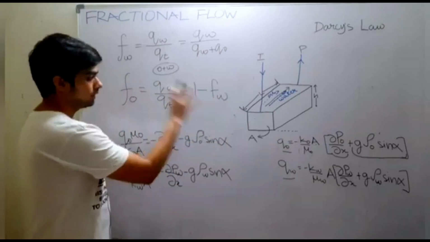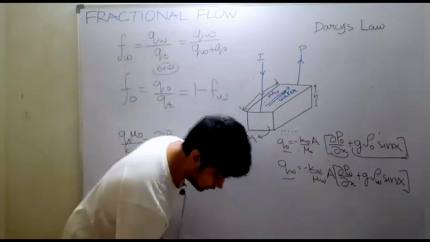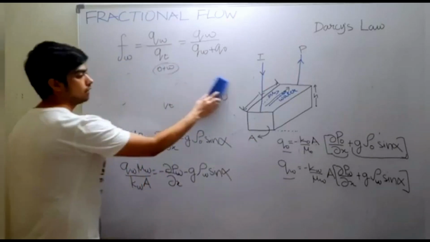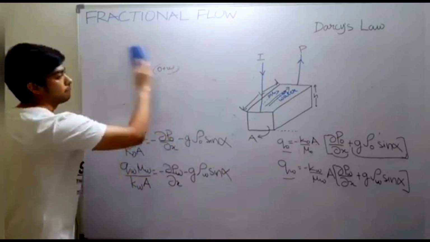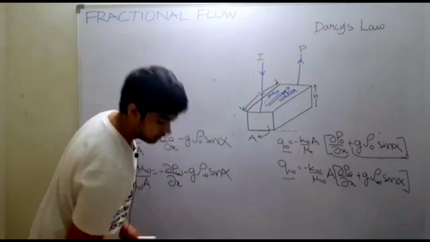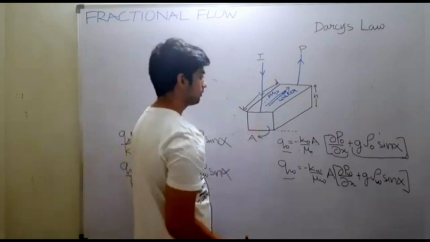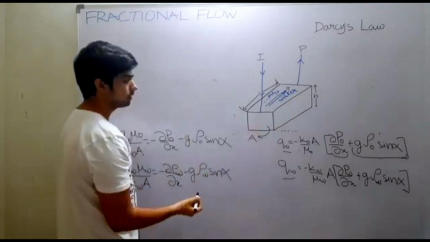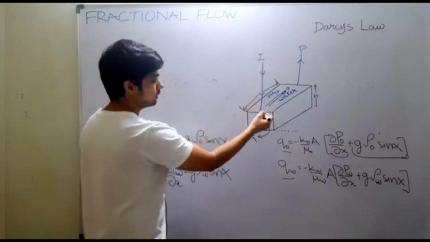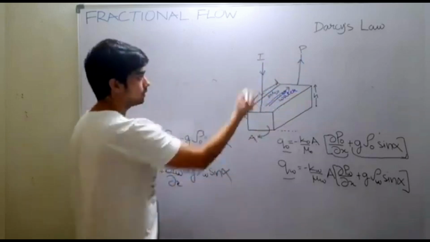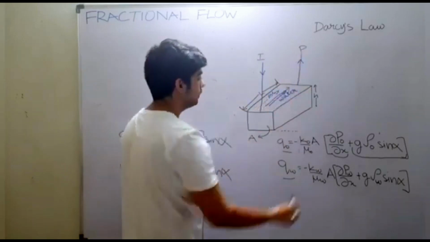Now in order to understand the whole concept, the whole picture, we take a part of our reservoir, and this is a reservoir. These blue lines are wells: this is your injector well, this is your producing well.